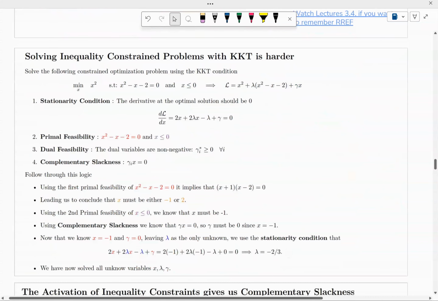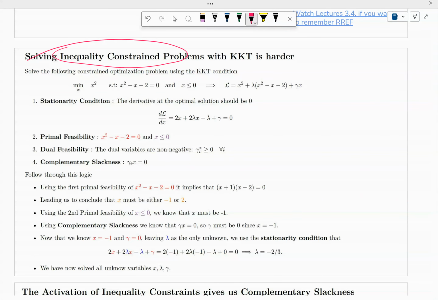All right, so it gets a little bit harder when we start working with inequality constraints, because you need to not just use two KKT conditions, you need to end up using four of them, and that really complicates things, right?